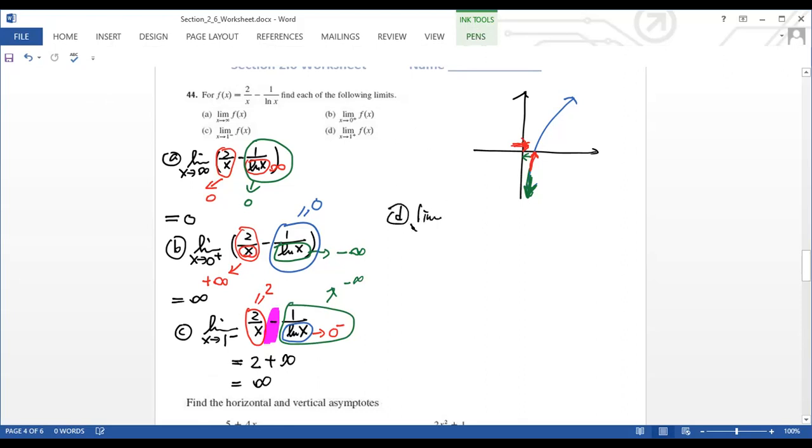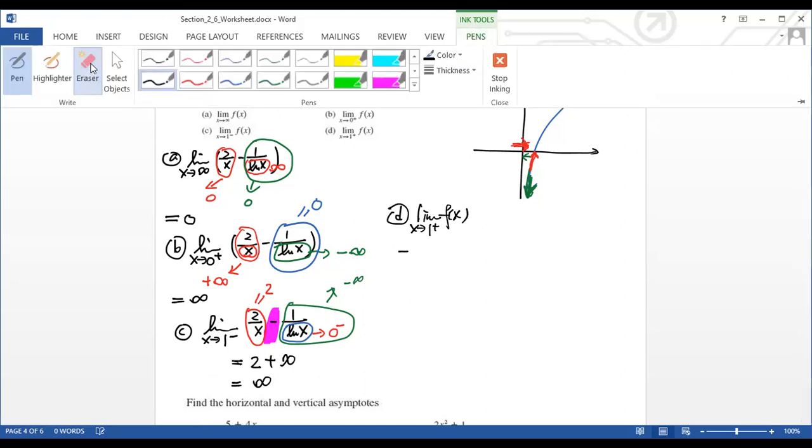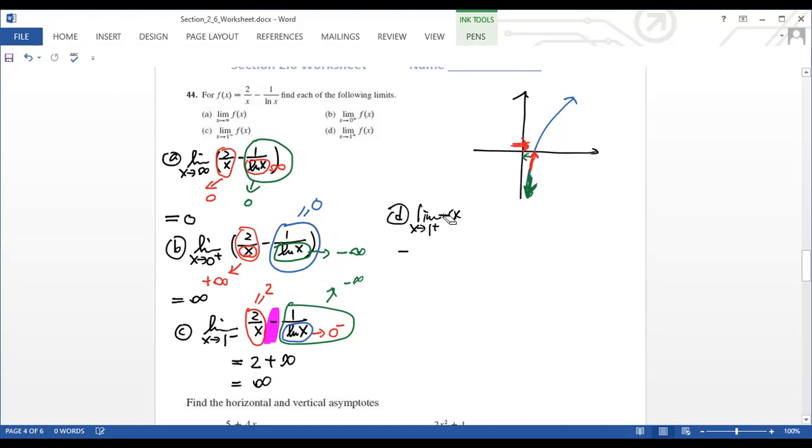It's the limit as x approaches 1 from the right-hand side of f of x, right? So I need to write the f of x, just write down the function. So the function is 2 minus 1 over natural log x.